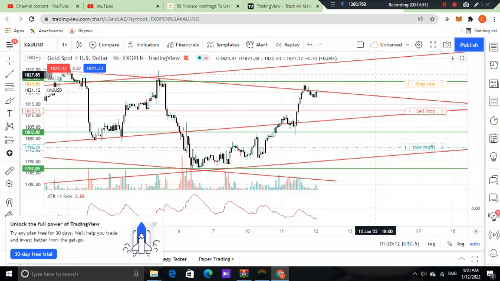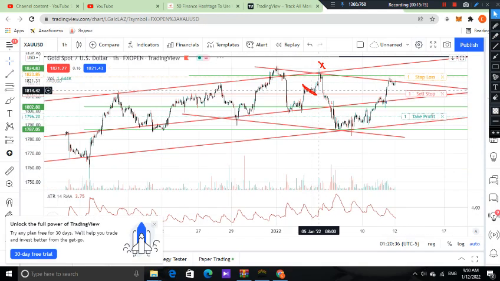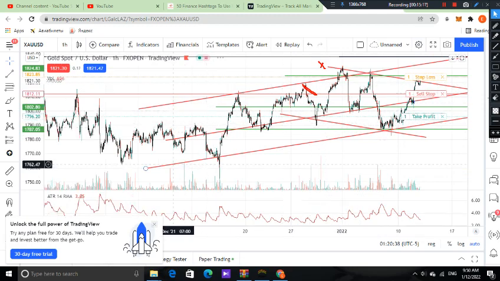But as you can see, we see this pullback here, and it started to form another leg, maybe it's probable, and we can see it in higher prices, like the upper line of this bullish channel.